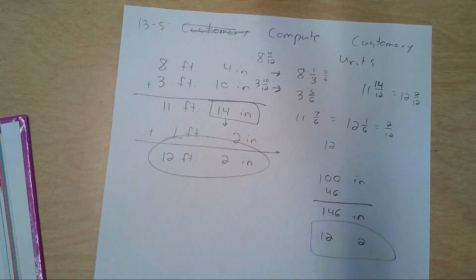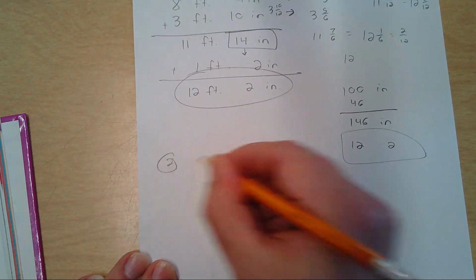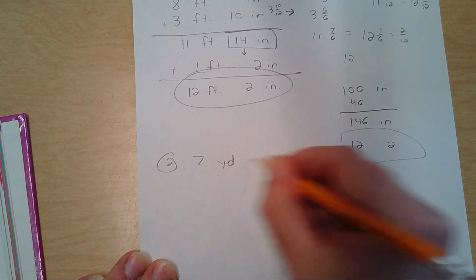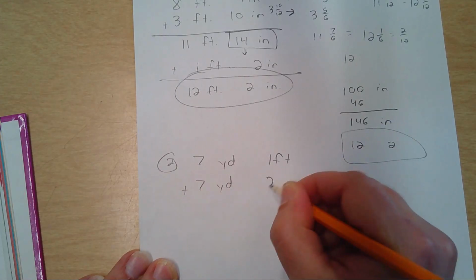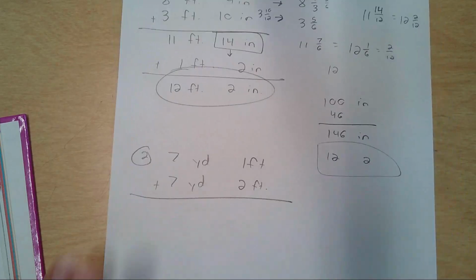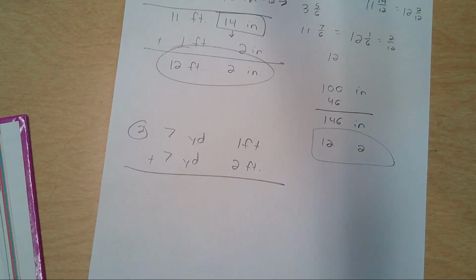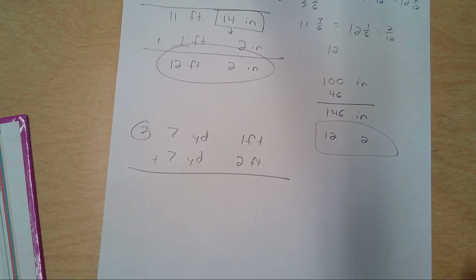So, number 2. 7 yards, 1 foot, plus 7 yards, 2 feet. And this one here, the yards to feet, we know every 3 feet is 1 yard.